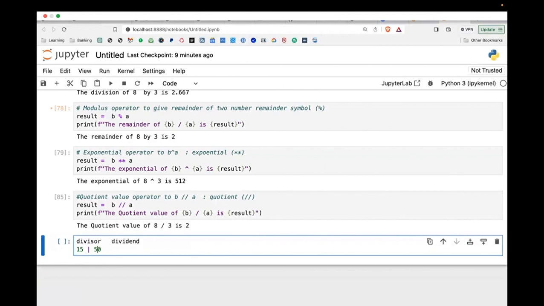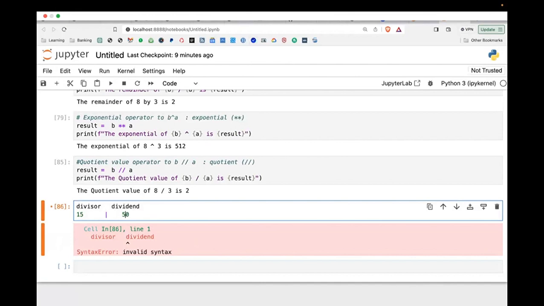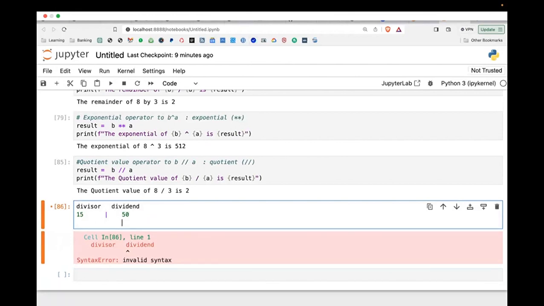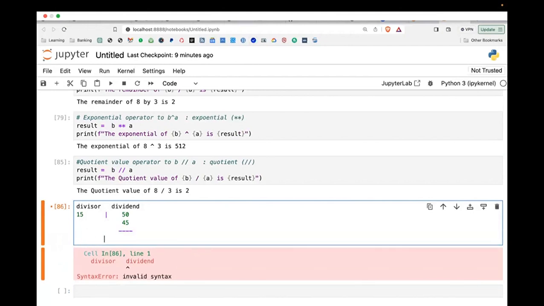What exactly happens when you divide it? 15 threes are 45, and what you get as a remainder is 5. So this 5 is called the remainder, and the times it was divided, 3 times, is called the quotient.